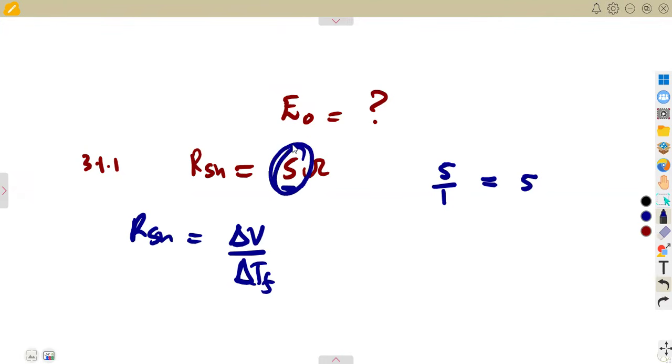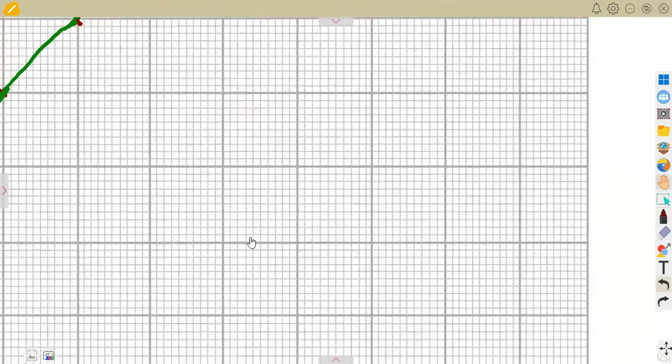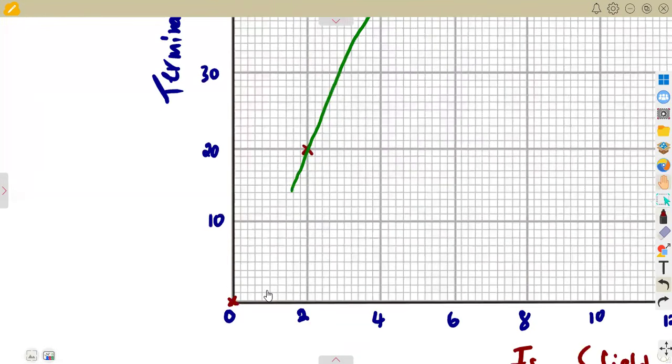So you can use the value that you're already given there. 5 over 1 is equal to 5. So according to our scale, remember, this is voltage over current. If you are to locate that point, 5, 1, you mark it. It's fine. You use that to mark that point.